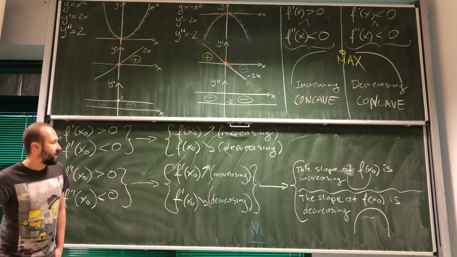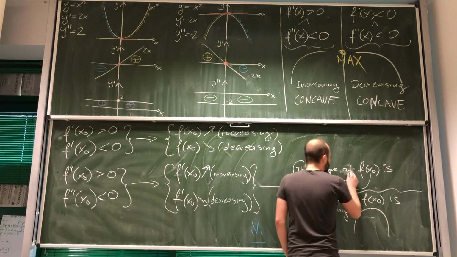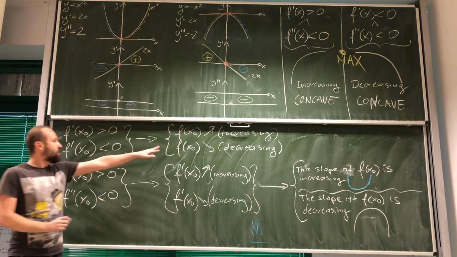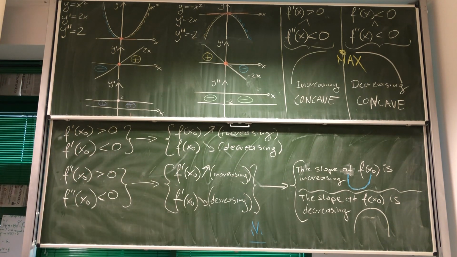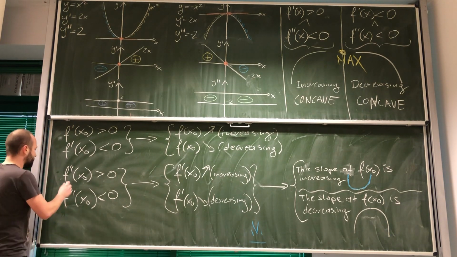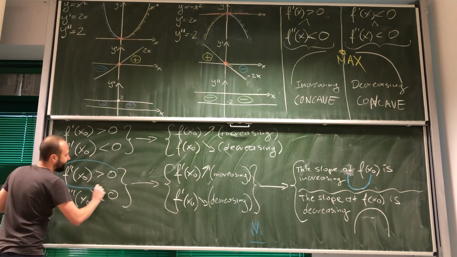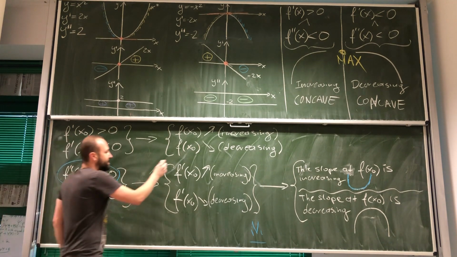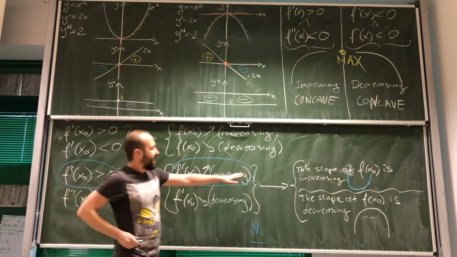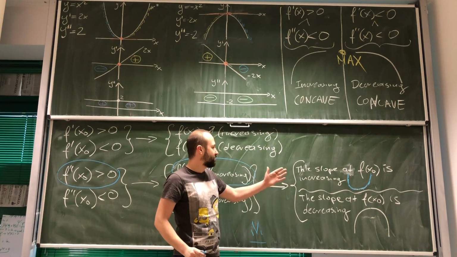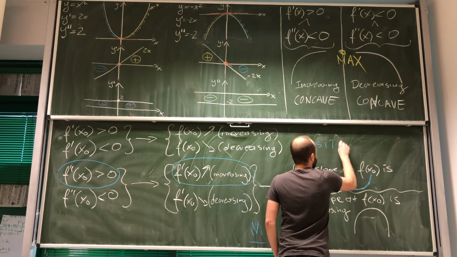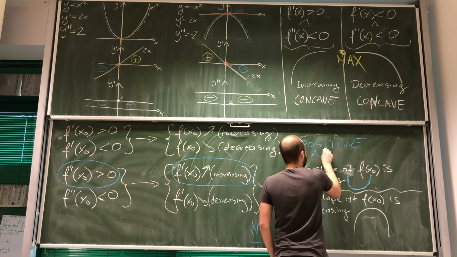Okay, now, so if the first derivative relates to the slope of the function, then the second derivative relates to its acceleration. And look, this means that if the second derivative is positive, it means that the first derivative is increasing and the slope of the function is increasing, which means that this function has positive acceleration.